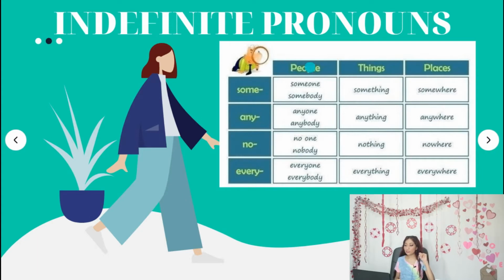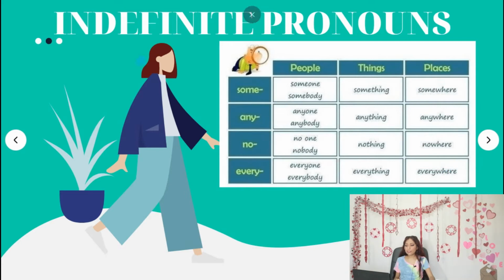For example, when we are talking about people, we use one or body: someone or somebody, anyone or anybody, no one, nobody, everyone, everybody. Or when we want to talk about things: something, anything, nothing, everything. Or somewhere, anywhere, nowhere, and everywhere, okay?